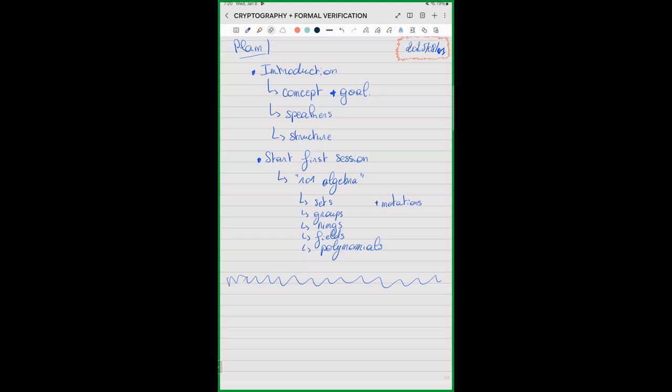My expertise in the field of security and formal verification of security protocols is not that much, but I'm here mostly in quality of auditor to give feedback to the group.